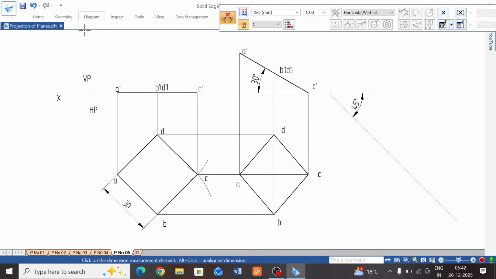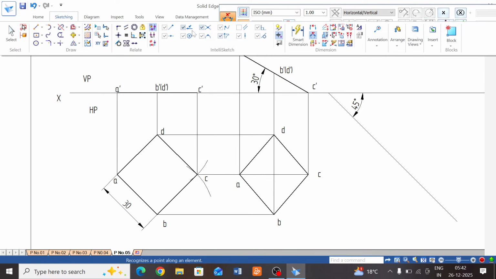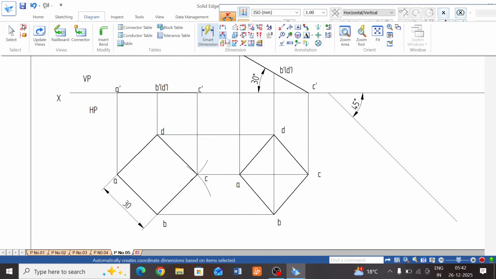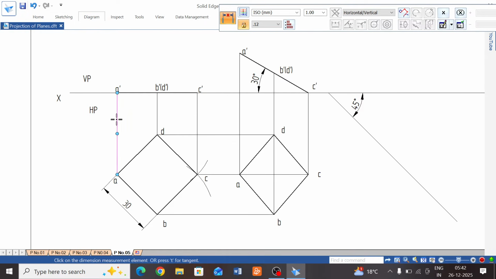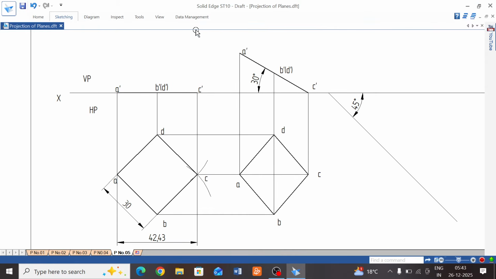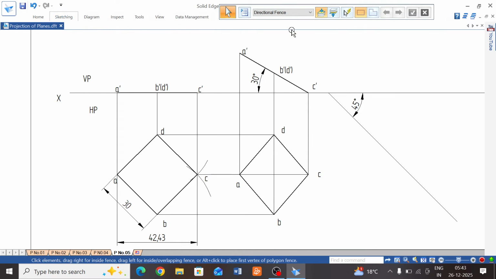Okay, next measure the original lamina and apparent lamina distances. One is A to C, the first one. A to C, you will get 42 mm.